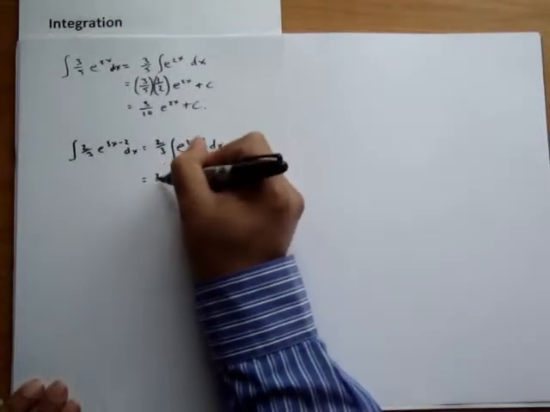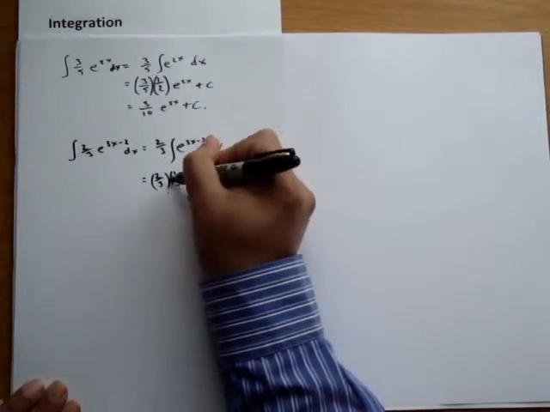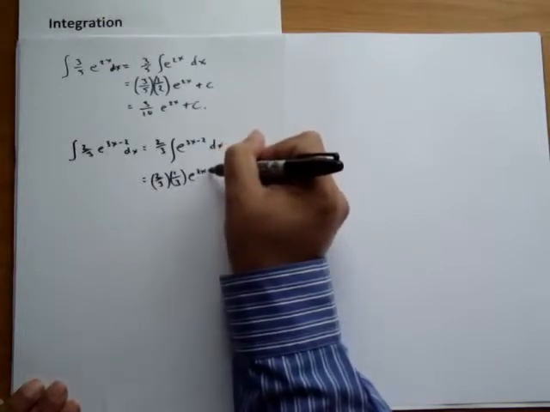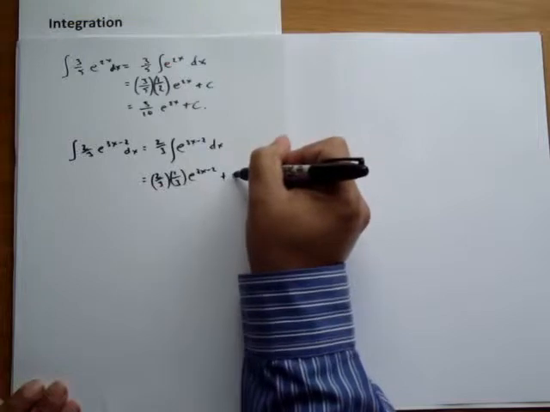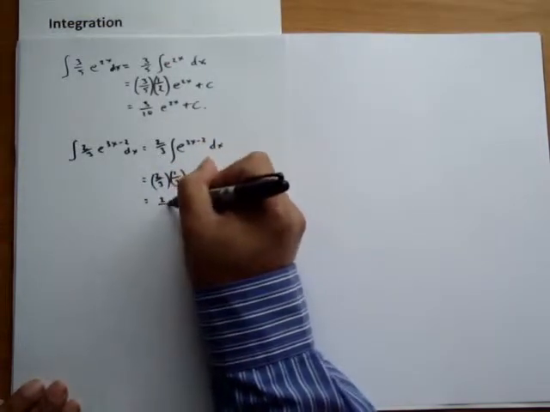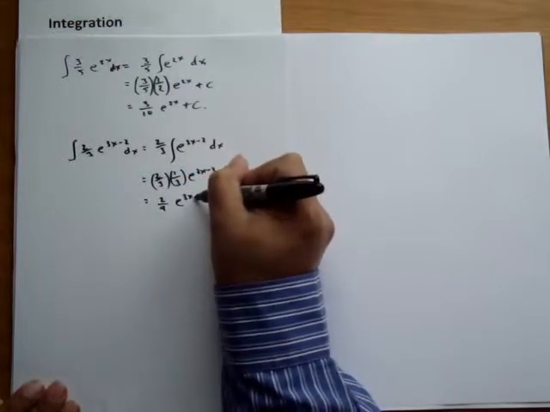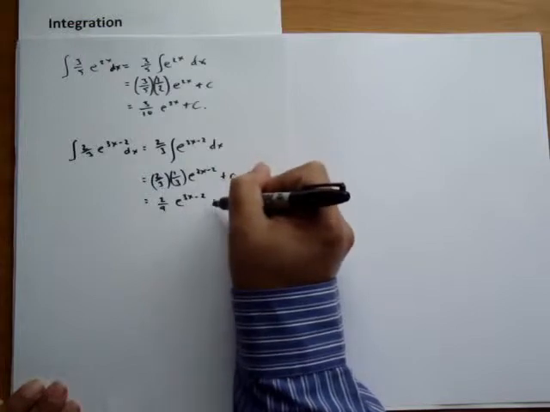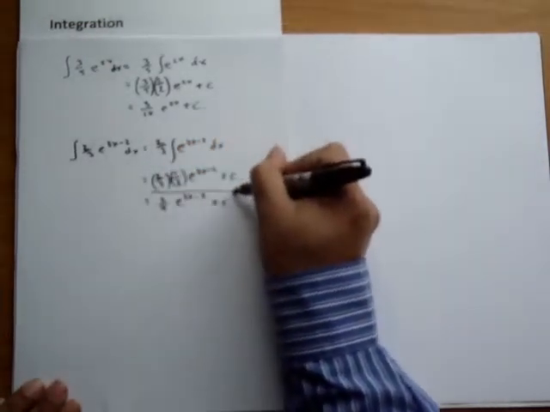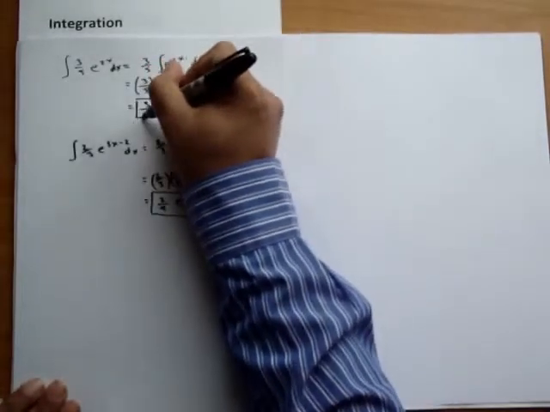This becomes 2/3 times 1 over 3 e to the 3x minus 2 plus c. And then we'll tally that up: 2 over 9 e to the 3x minus 2 plus c. So that is your answer.